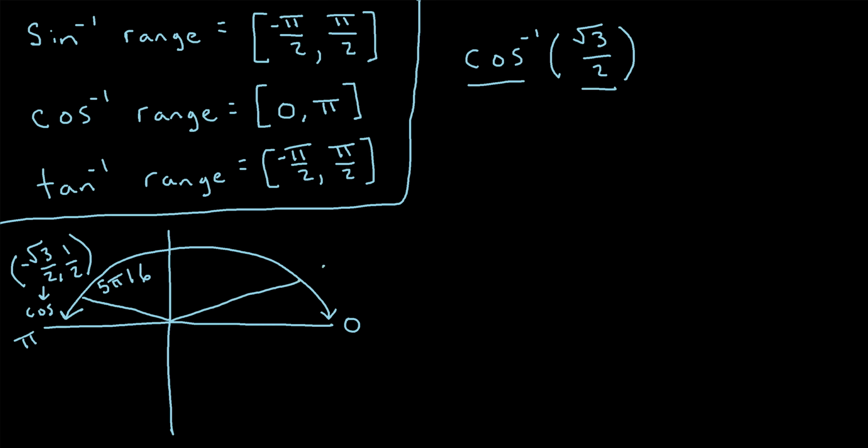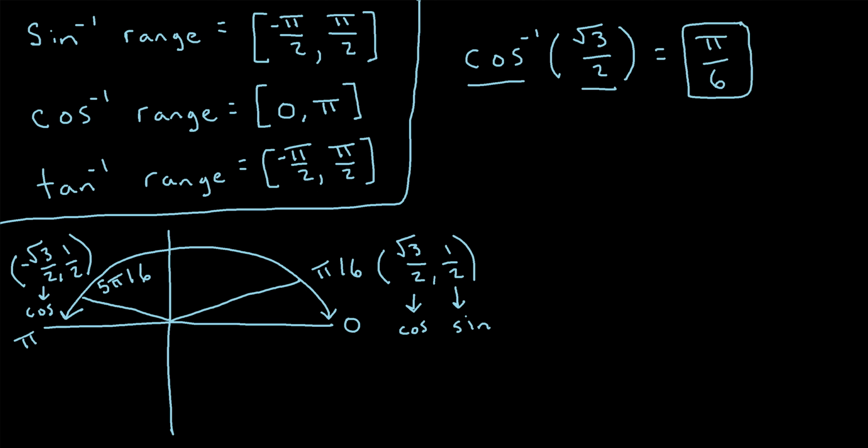Well, what about the angle pi over 6? The xy coordinates for that are square root 3 over 2 and 1/2. So the cosine is the x coordinate and the y coordinate corresponds to sine. So it looks like the cosine of pi over 6 is indeed the square root 3 over 2. So that's our answer, pi over 6.